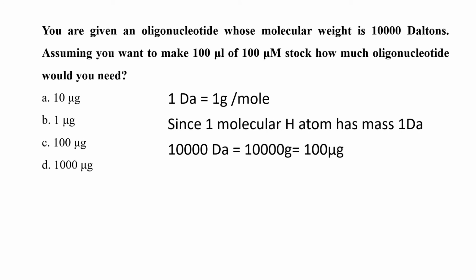We say this since one hydrogen atom has mass 1 Dalton. So 10,000 Daltons will be equal to 10,000 grams per mole, which is equal to 100 μg. So the correct option is C.